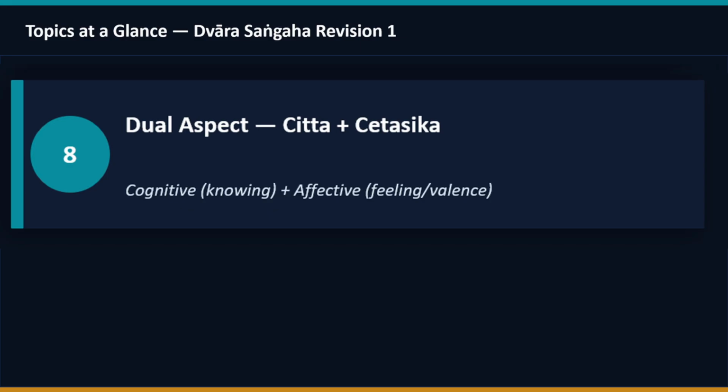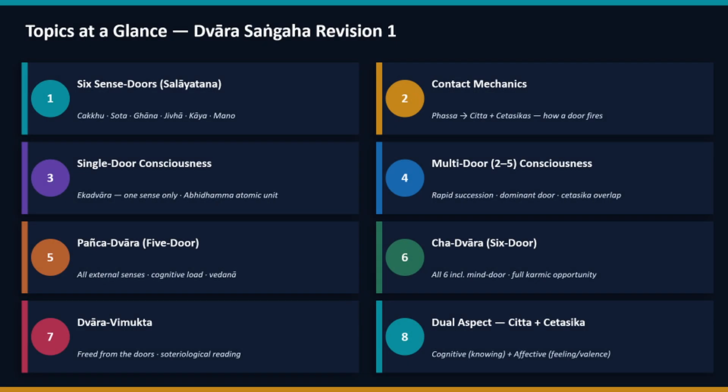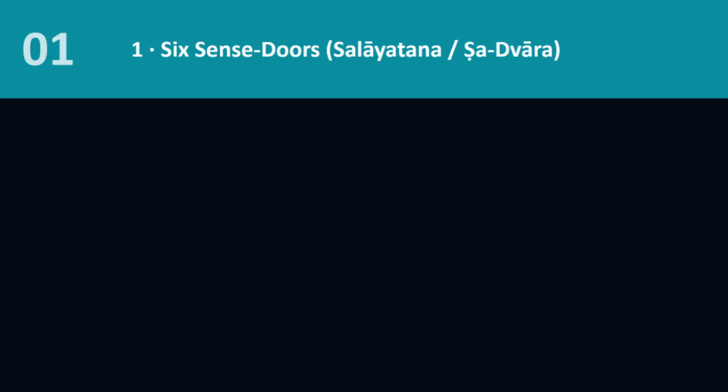When chitta comes in, the chittasika will come together one after another. Then we go to the 6th sense door. What is that? Salayatana, Chadvara. So what is this? We'll go through.